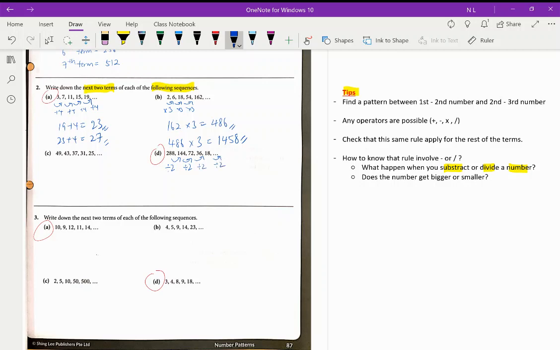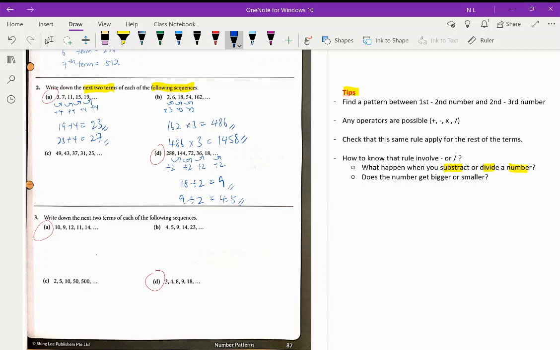So that means my next two terms will be 18 divided by 2, which is 9, and 9 divided by 2, which is 4.5. So someone will ask, is this number a fraction or a decimal?